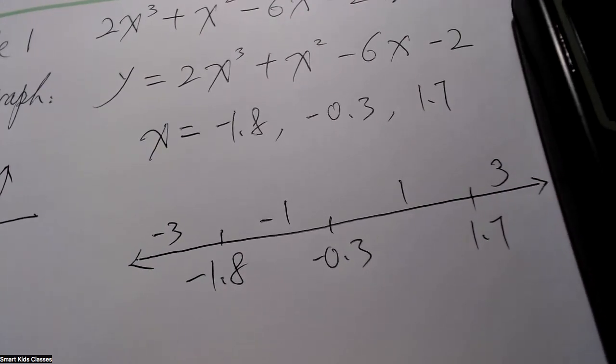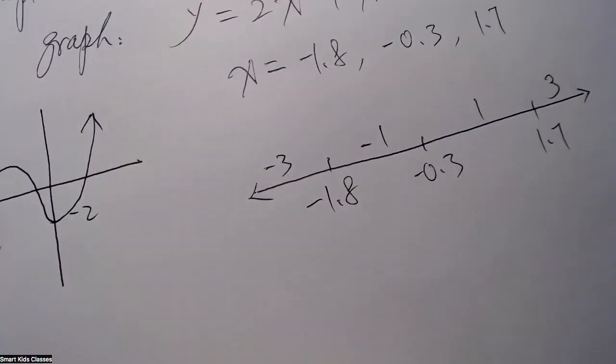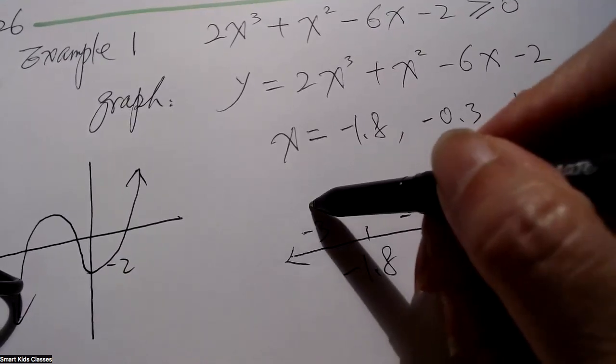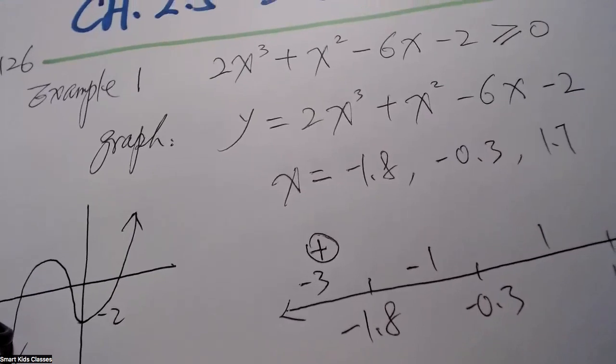So for negative 3, I'm going to key in 2 times negative 3 to the exponent 3, and then add the rest. It's negative. So therefore this is the answer, so positive. Now the next one is negative 1.